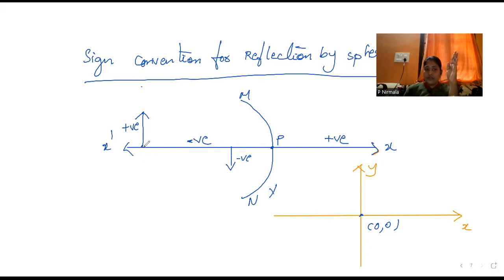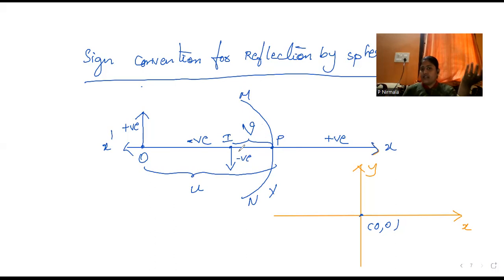Next, where you kept it, this side, the left side. The distance between the object and the pole is u. We are taking it as the object distance. The image we have taken here, right? So the distance from the image to the pole we denote as v. This is the image distance v. So u and v lie on the left side.